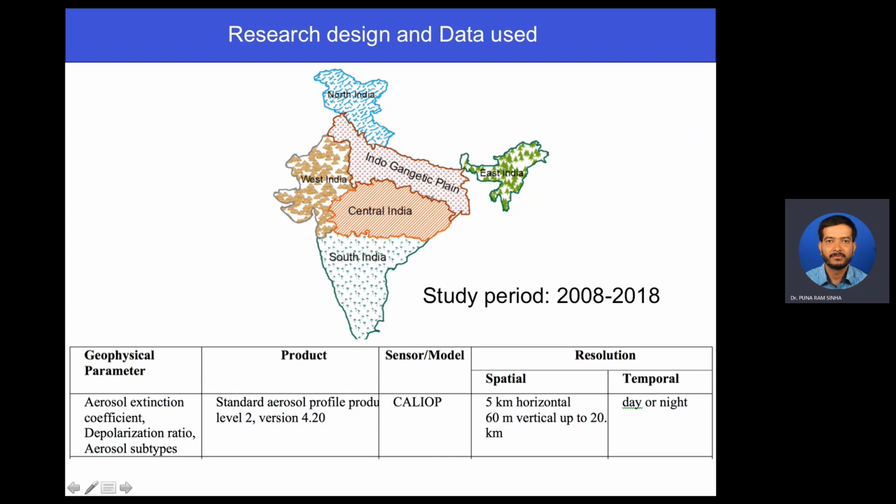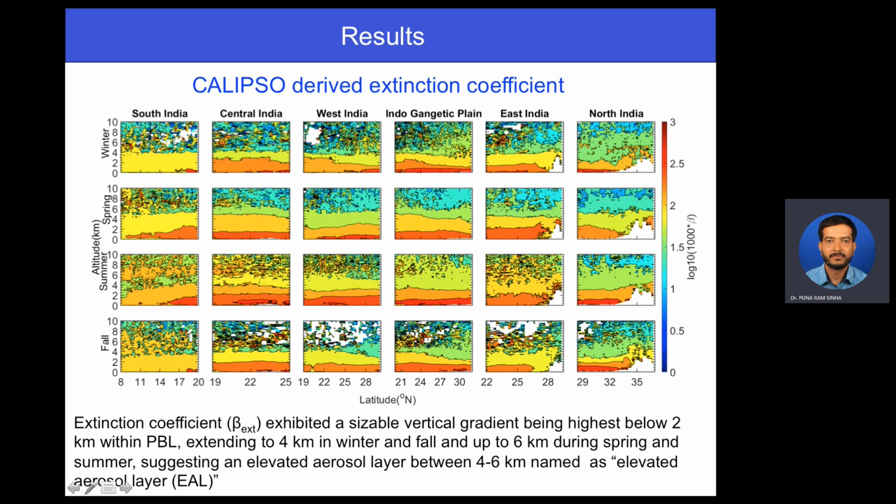And we utilize CALIOP, which is a spaceborne lidar, and the details are given over here. It's level 2 version 4.28 between 2008 to 2018, and this is the result obtained from those CALIOP observations.